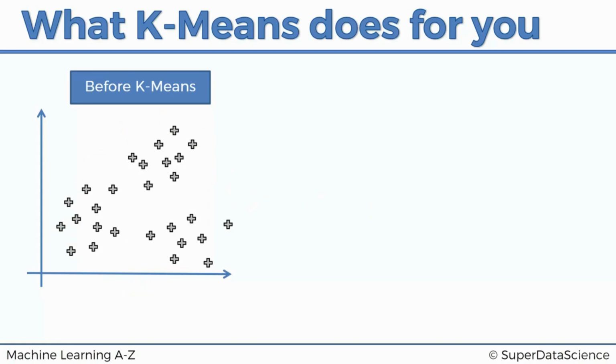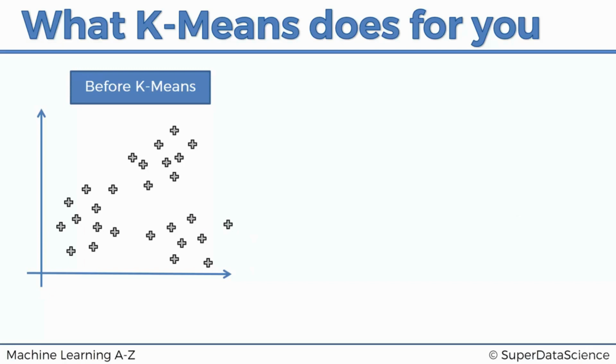So the question here is, can we identify certain groups among our observations, and how would we go about doing it? Maybe this is one group and this is the second group, or maybe there are 4 groups or 5 groups, maybe there are 3 groups. How do we identify the number of groups? How do we identify the groups themselves?